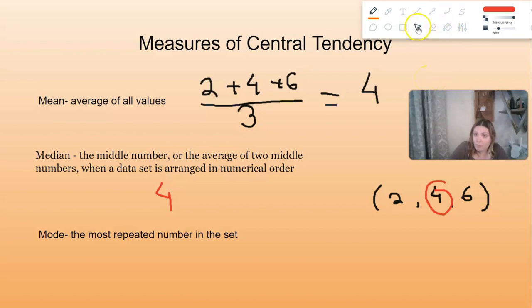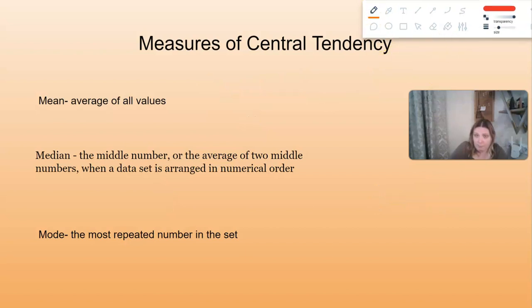So let's turn this data set into something slightly different, right? What if I have 4 numbers instead of 3? So now my data set is going to look like this: 2, 4, 4, 6.